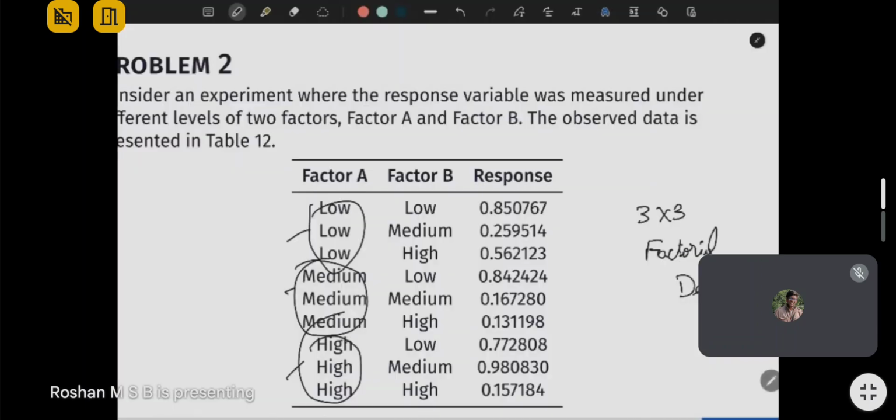So here we got the lowest for medium. We have to do highest minus medium in this case.